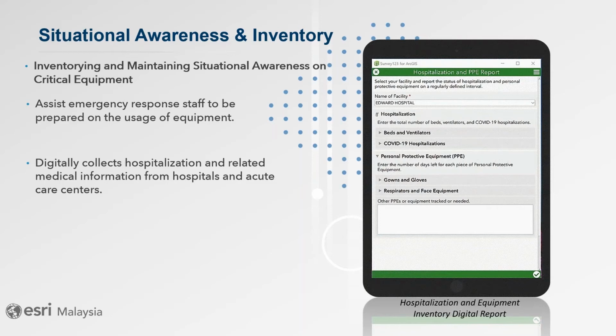The health worker can also use this survey form to identify the total numbers of personal protective equipment, the PPE, such as gloves, face shields, respirators, and gowns in that particular hospital.